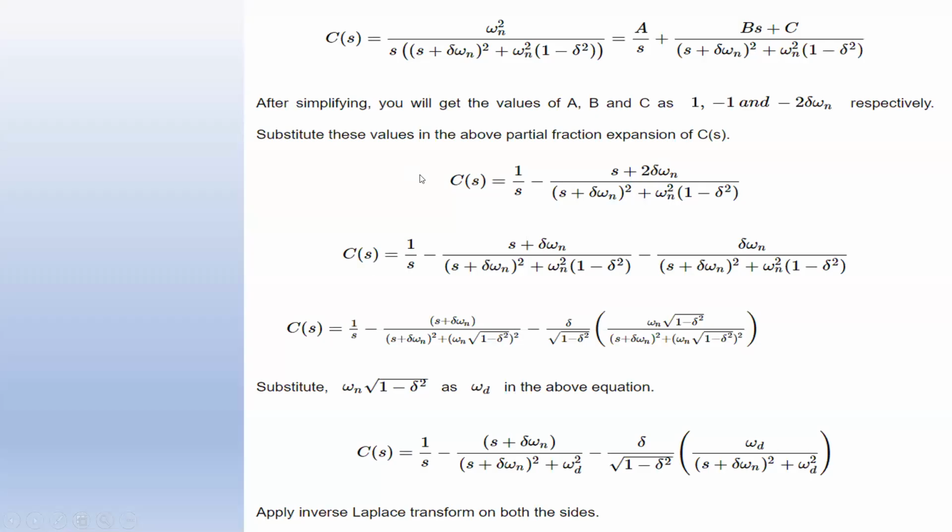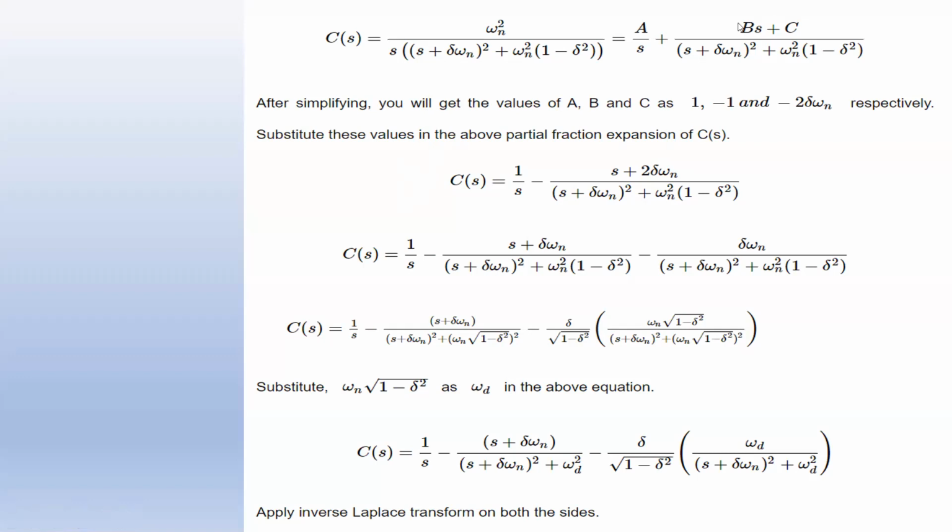So here we have the equation. If we have a quadratic expression in the denominator which does not have simplifiable roots, we can write the partial fraction expansion as follows.